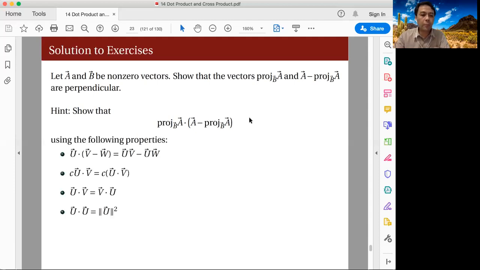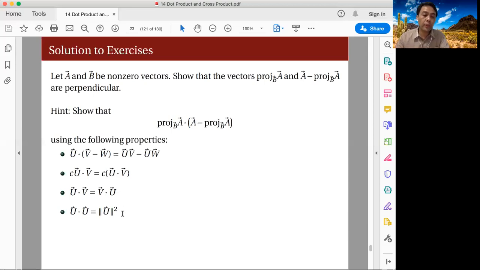This is equal to 0 using the following properties. So the first property should be obvious. You'll be distributing the projection of A to B to these two values here. And then you can use the definition for the projection. You will have scalars appearing there. And use the property here. And then use the commutativity property.